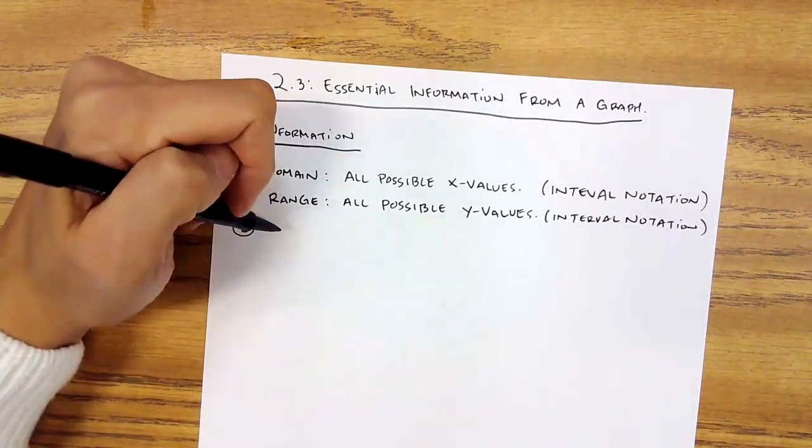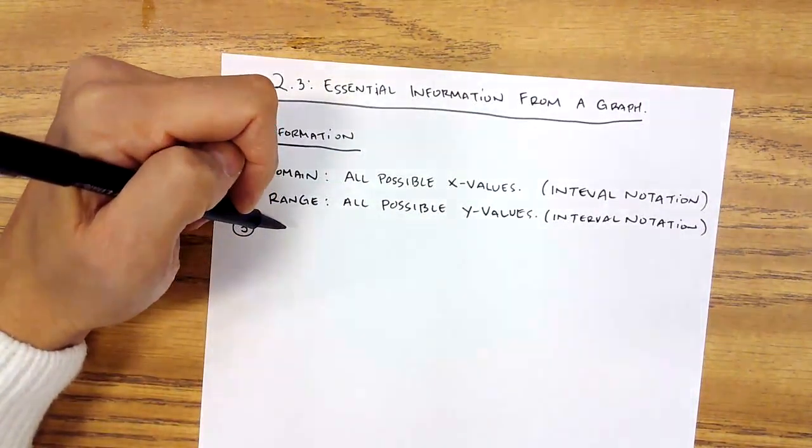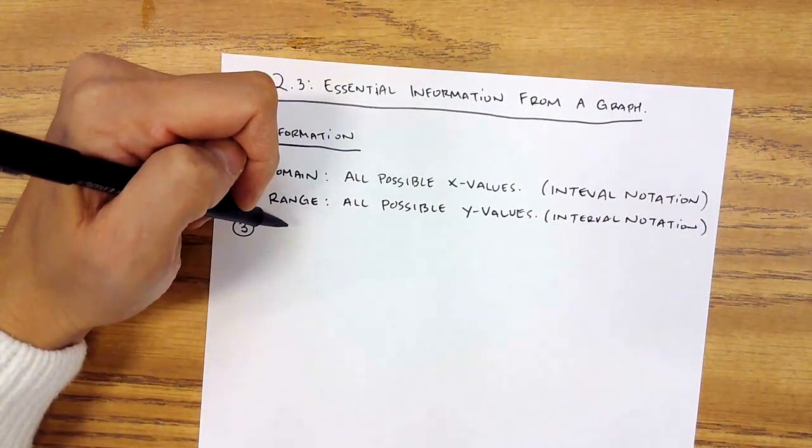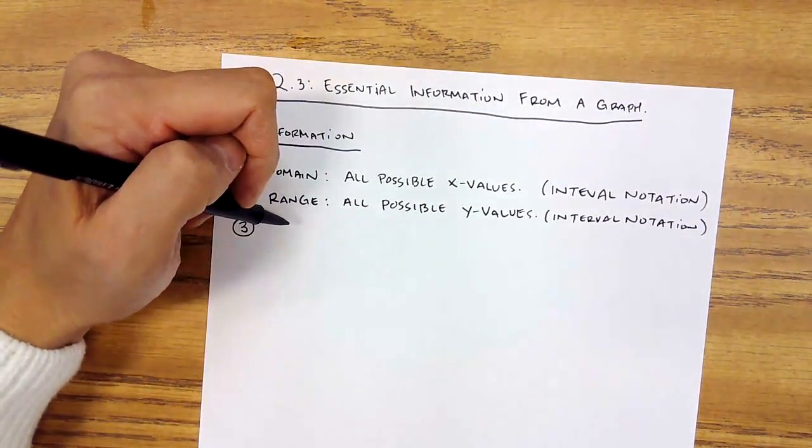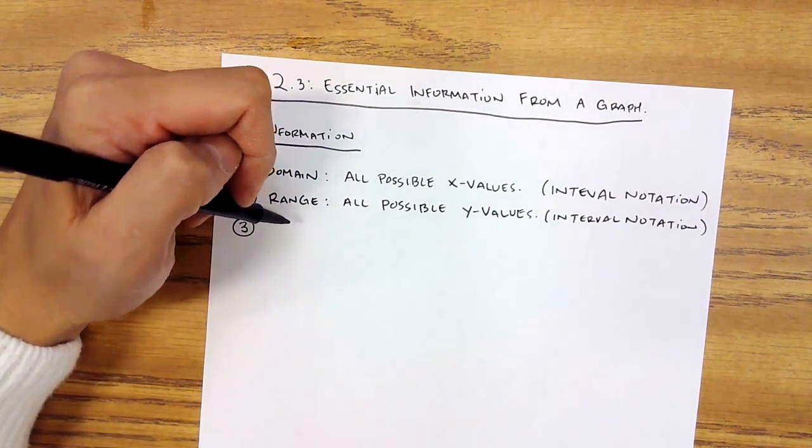Where is the graph increasing or decreasing? Okay.